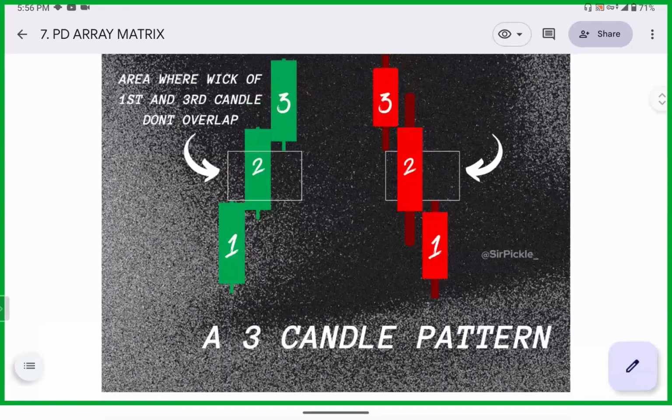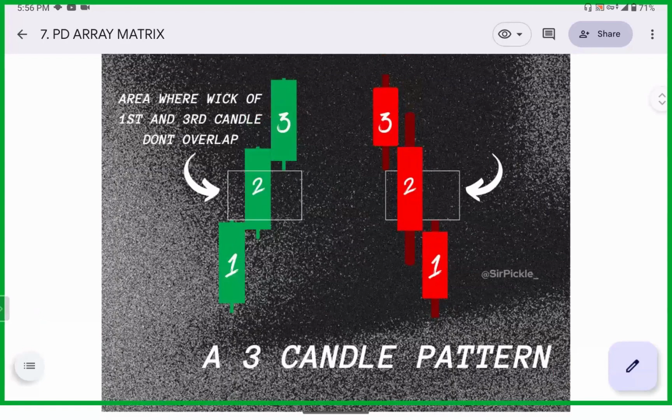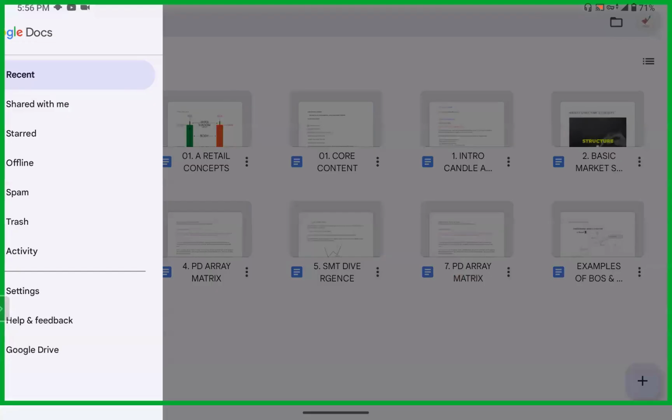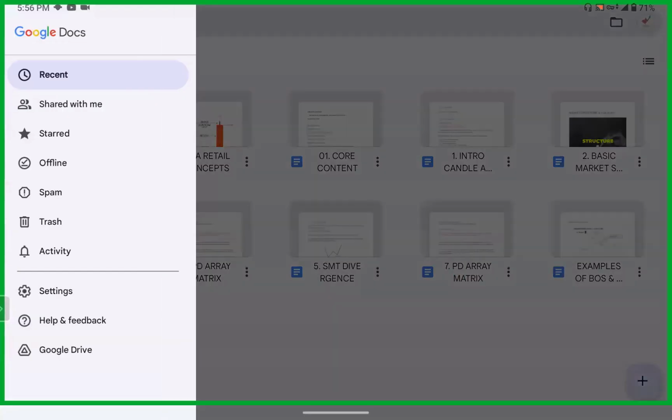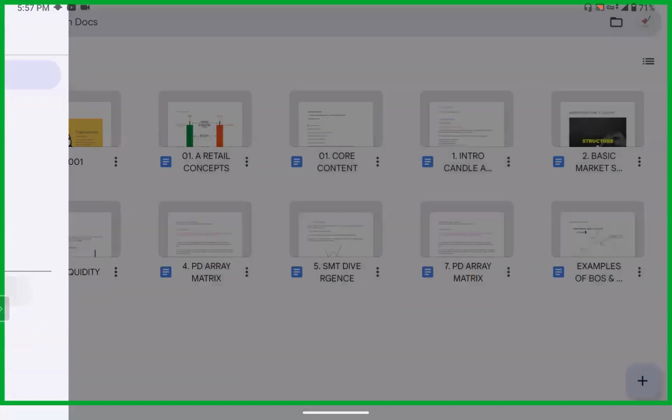When the wicks of these candles on the side do not fill this gap, you get what we call a fair value gap. You mark up the gap, the point where the wick stopped. And I'm going to take you into the charts and we do it practically. Hope you see. Please pay attention to that.